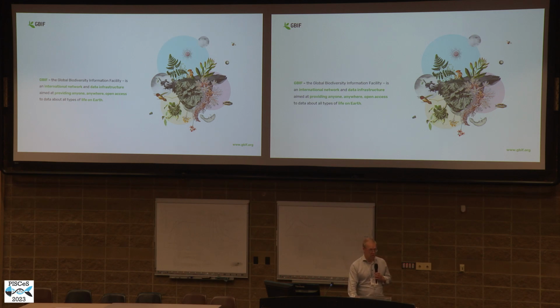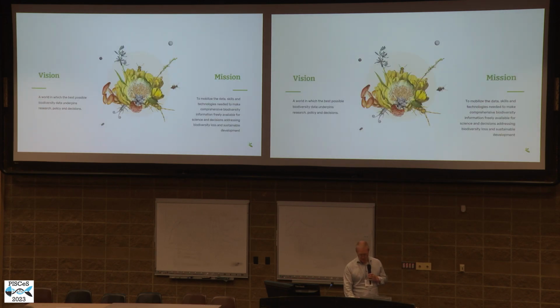It's a free and open platform that anybody can use. The idea of GBIF is to make biodiversity data free and open for everybody to use, but also to ensure that the data is maximally standardized, so that you don't need to do a lot of extra steps when you access the data on the GBIF platform.